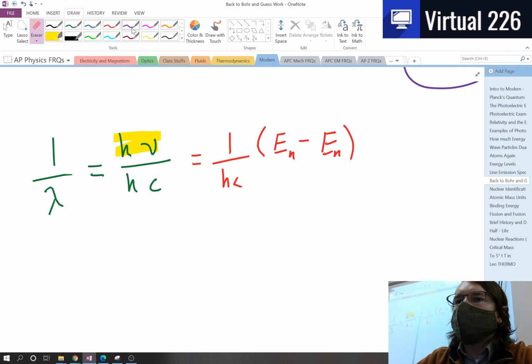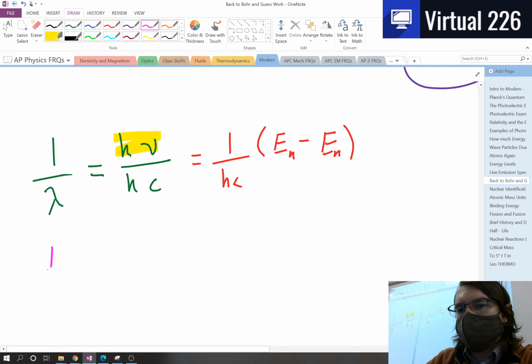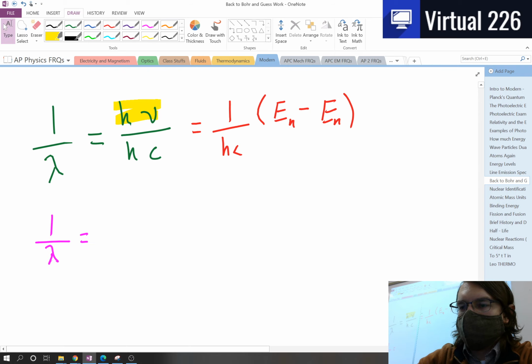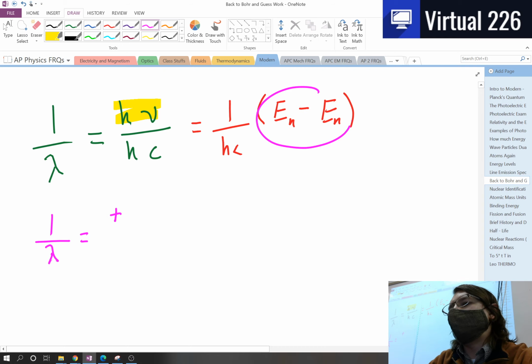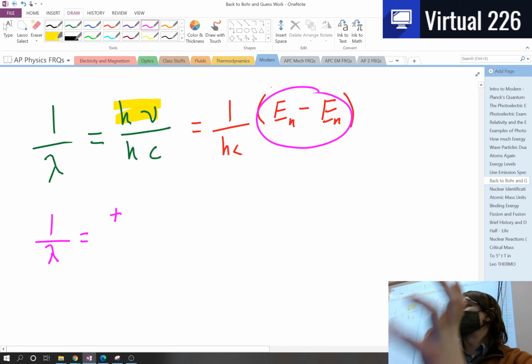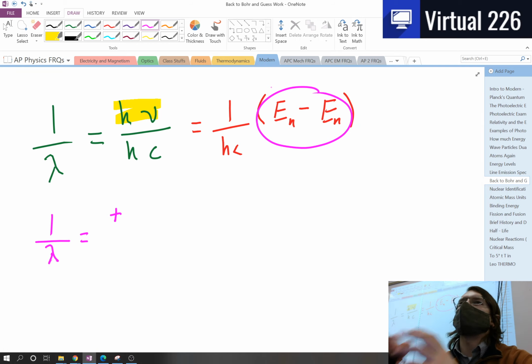So with this, I'm going to expand this into a giant thing. 1 over lambda equals, and I can state that this is going to be positive because I know that this difference in energy is going to be positive. When I do my final minus initial, or my upper minus the lower, I'm going to get positive quantities for energy.